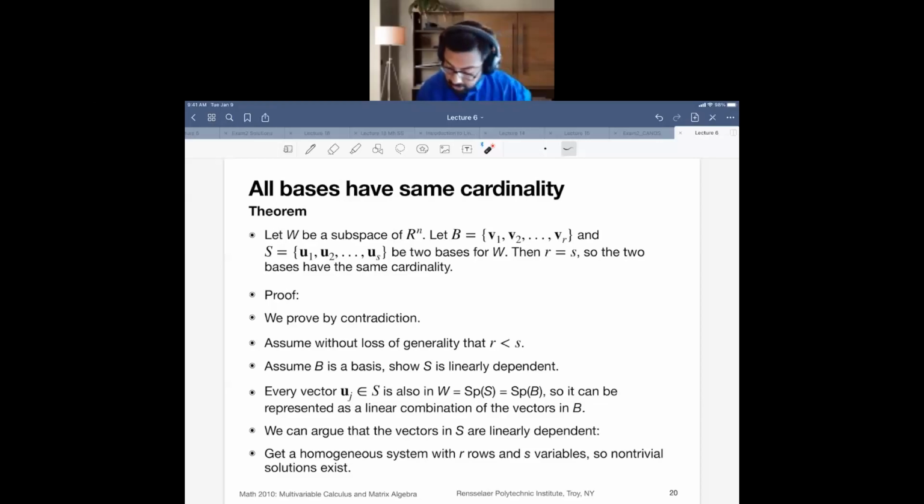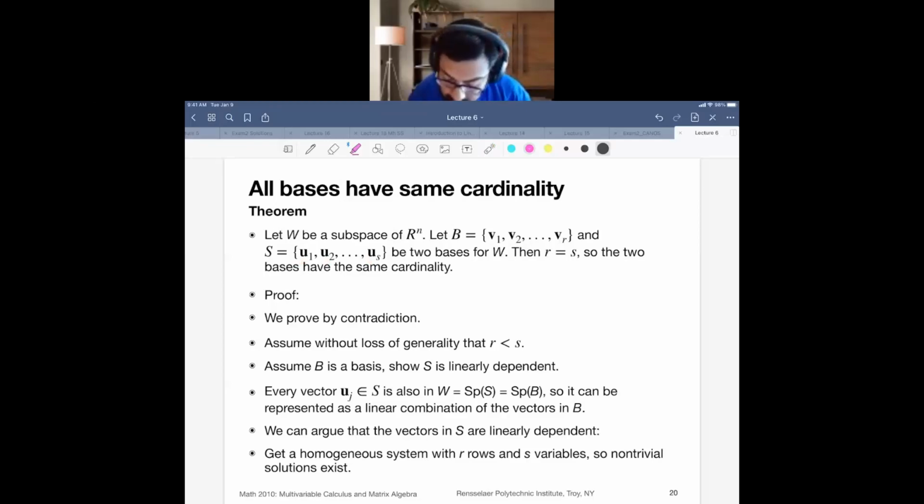So what we'll do is we will start with a subspace W of R to the n. B is a basis there. B is a set of vectors v1, v2, v3, and so on up to vr. And S is another set of vectors u1, u2, and so on up to us.